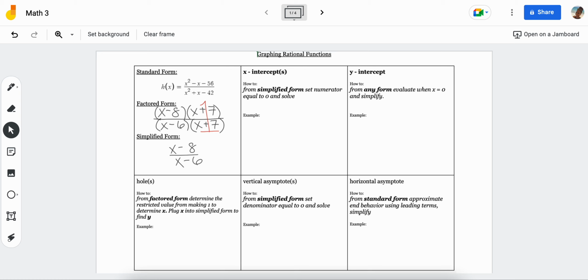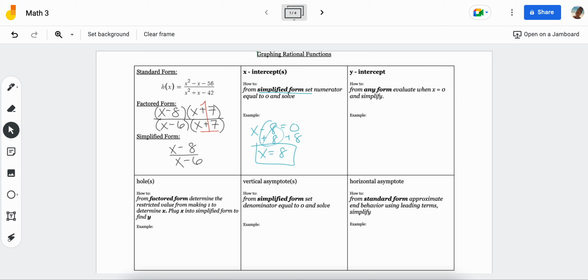I'm going to take my numerator in simplified form and set it equal to 0, just like it says, and solve. So we have an x-intercept at 8. Now let's look at what it says for y-intercept. It says from any form, evaluate when x is equal to 0.